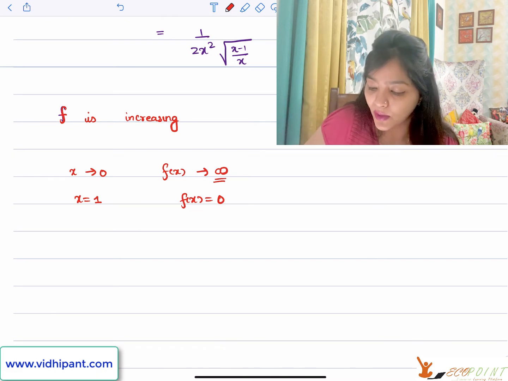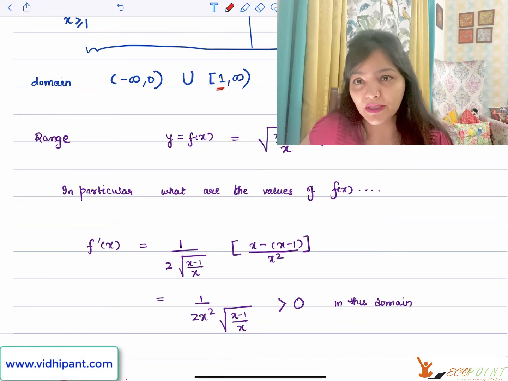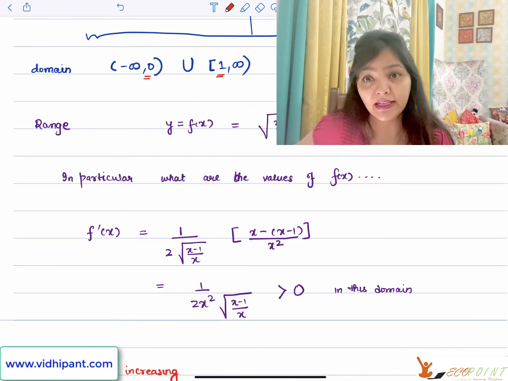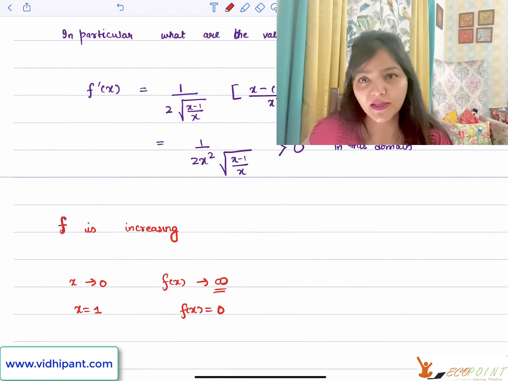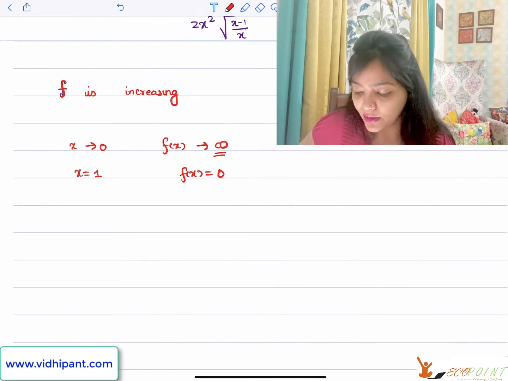So x equal to 1 and 0 are important points, because some changes are happening to the function at these values of x, and that is what you would realize. You already know that this is greater than or equal to 0.